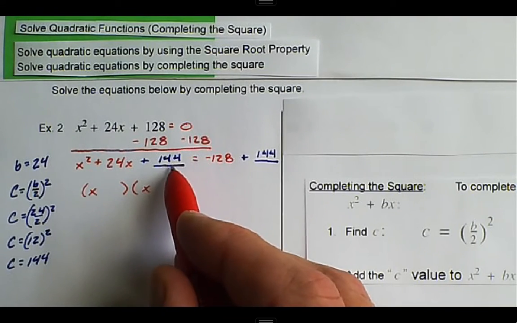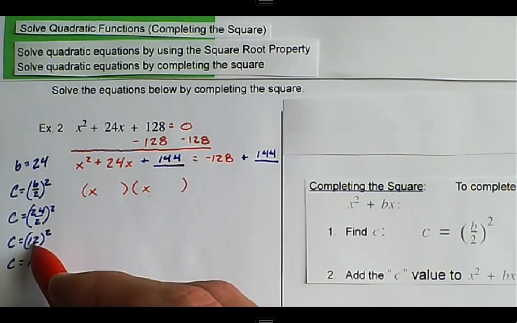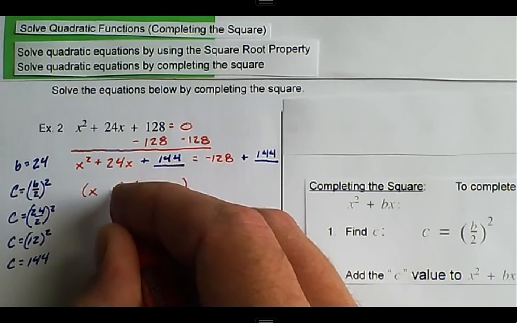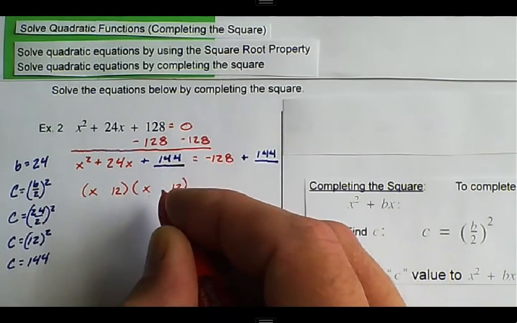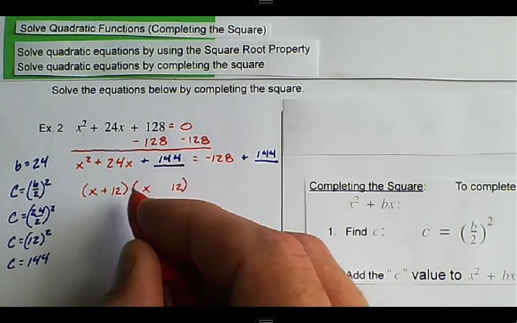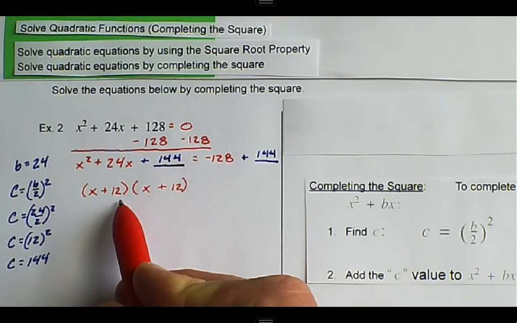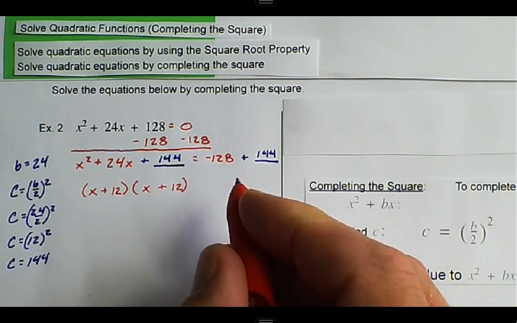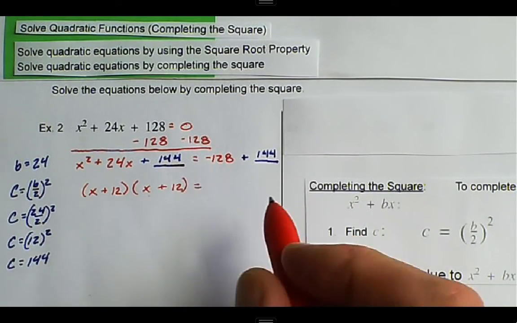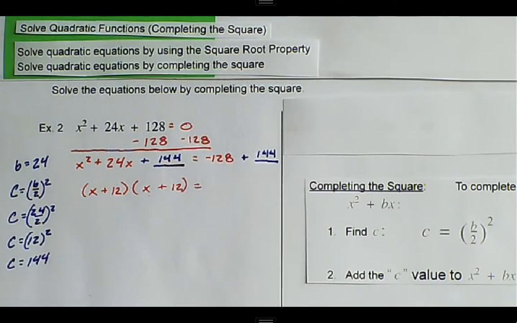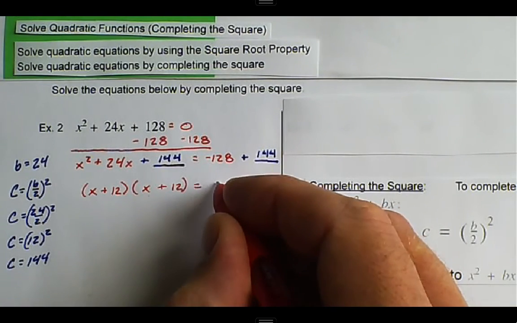Two numbers that multiply to 144 are 12 and 12, and they have to add to 24. So we get x plus 12 times x plus 12 equals 144 minus 128, and we get 16.